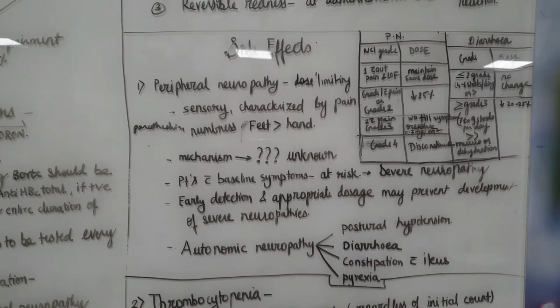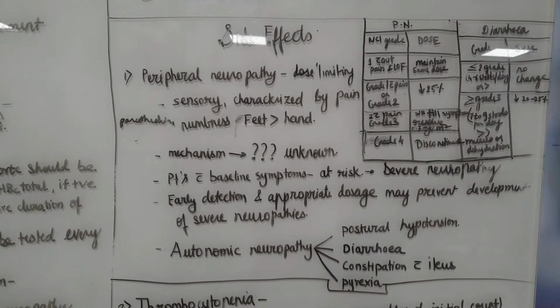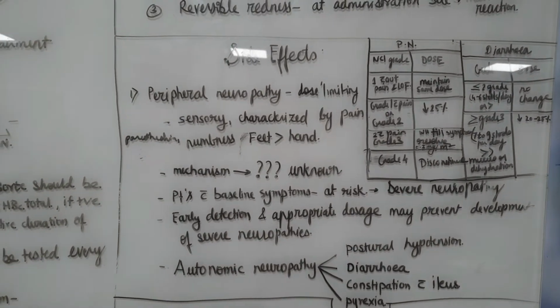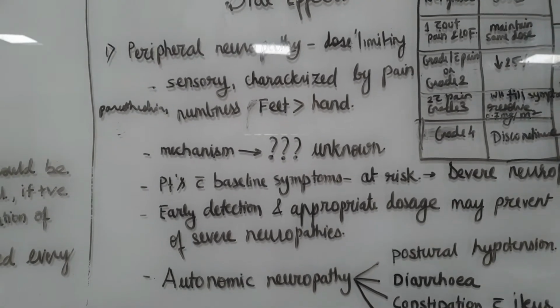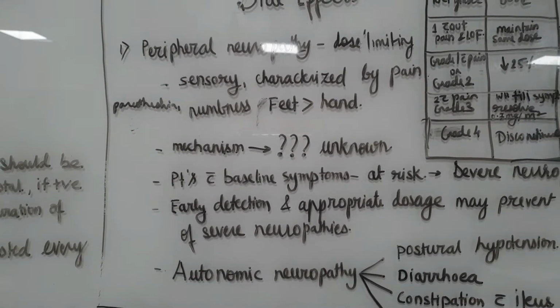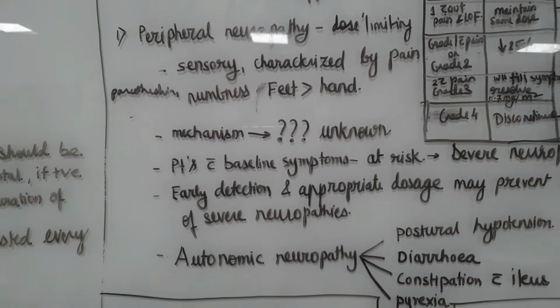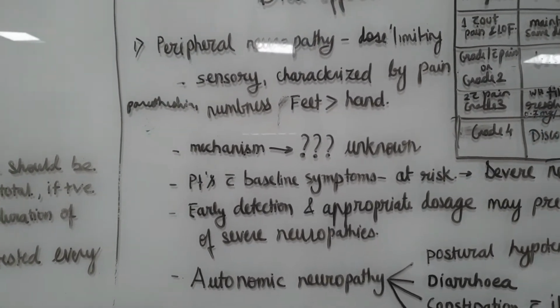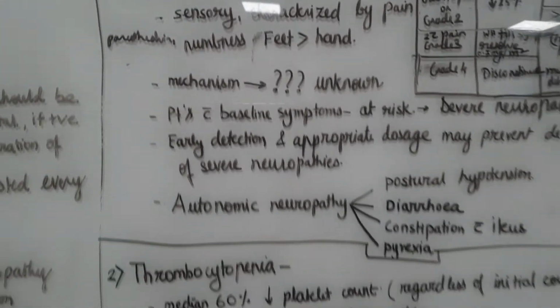Coming to the main side effect of the drug, peripheral neuropathy is one of the most important and dose-limiting side effects of bortezomib. The peripheral neuropathy is mainly sensory and is characterized by pain, paresthesia, and numbness. These findings are more in the feet as compared to the hands. What exactly the mechanism of peripheral neuropathy is, is unknown.